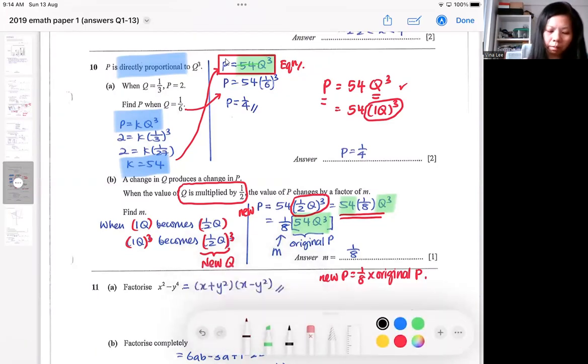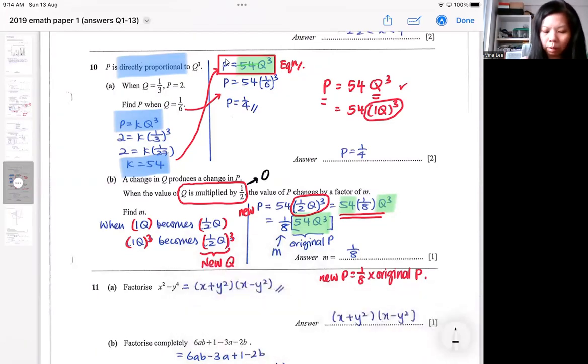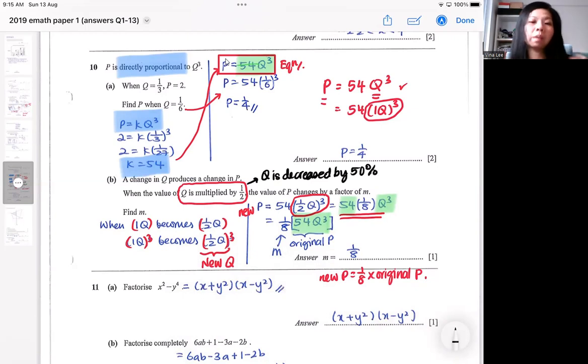They can rephrase it: what if Q is decreased by 50%? So Q is multiplied by half is essentially the same as Q is decreased by 50%.